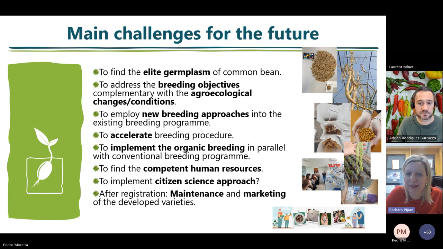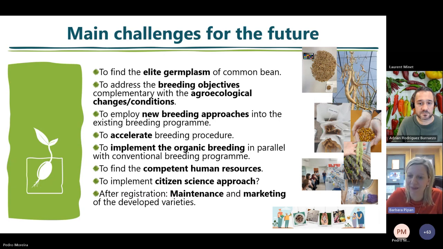And of course, to implement organic breeding in parallel with conventional breeding. When we had the workshop in December together with colleagues from Serbia, from Zemun Polje, about breeding within the frame of the Credit Vibes project, a twinning project, we also talked about challenges in breeding in general, and we identified that the most challenging is to find competent human resources for that.